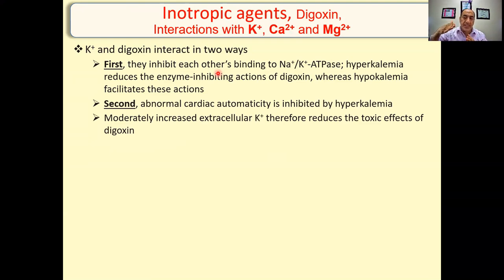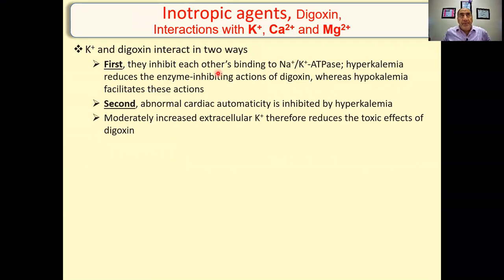So this is digitalis, and this is potassium. Both compete for this sodium-potassium pump. So whoever is more will win the situation.